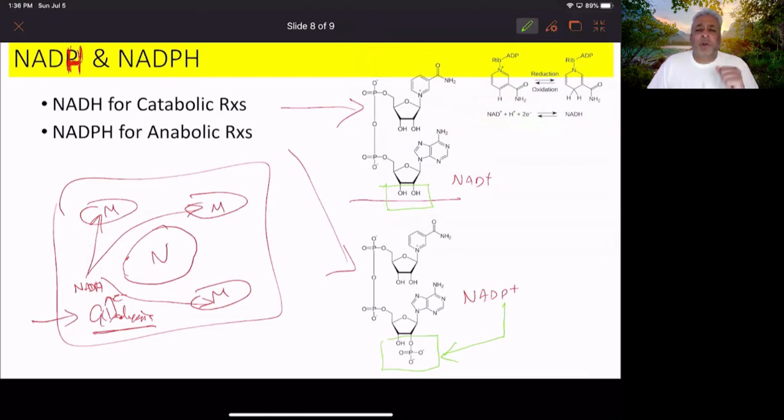But let's focus at the top end of the molecule here. This is where the passengers are picked up and carried within those nitrogen rings. So the insert over here can be applicable to both NAD plus and NADP plus.